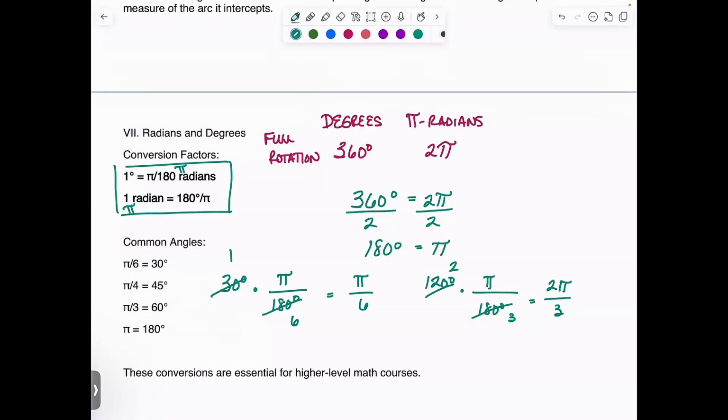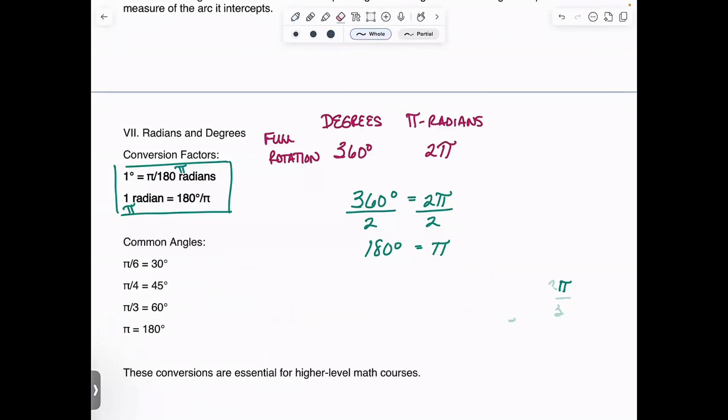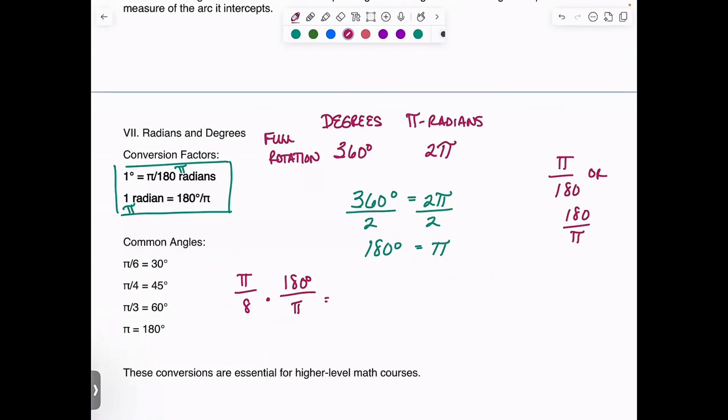And you just do the opposite. So for instance, let's look at something not common, like pi over 8. Then I would say 180 divided by pi. We're just flipping the ratio. Your option is going to be pi over 180 or 180 over pi, right? You have one of two options. And if you want degrees, you have to make sure the pi's cancel, so put pi on the bottom. So 180 degrees divided by 8.